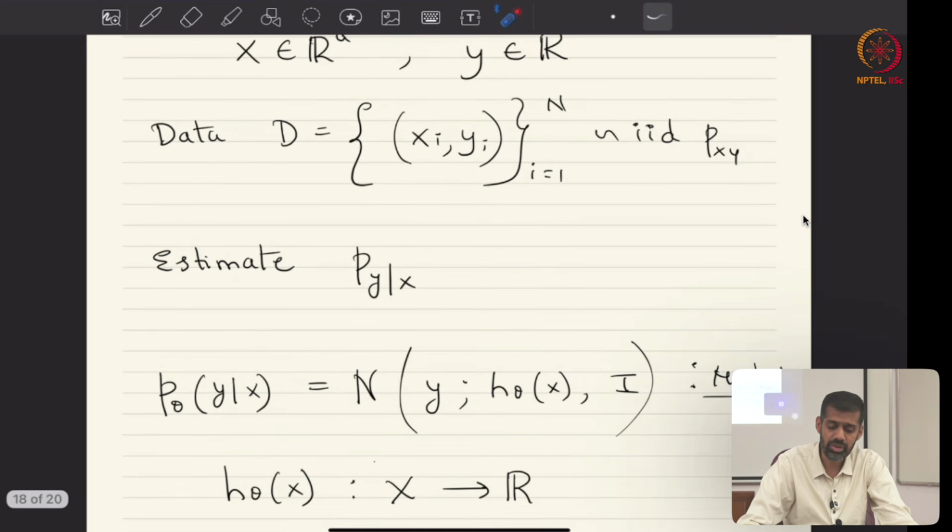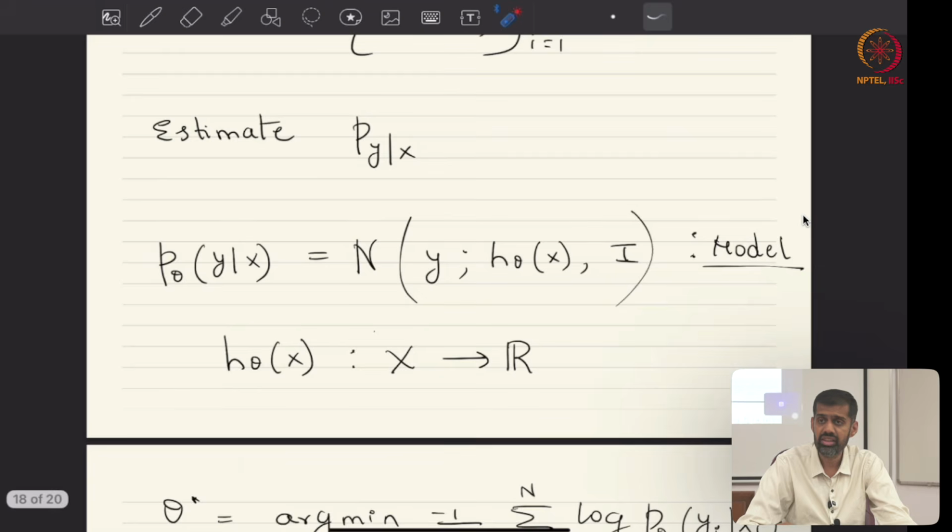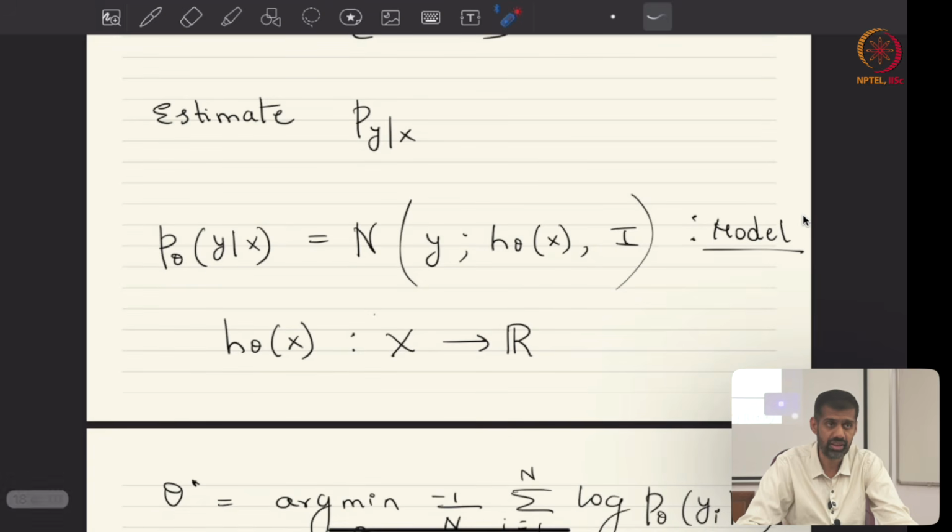Now, the problem was to estimate the posterior of y given x, the labels given the so-called input random variable x, and we walked through the recipe that we had seen. So, we assume p theta, which is the model distribution which we want to estimate. This is one example that I showed you where we assume that to be a Gaussian distribution.